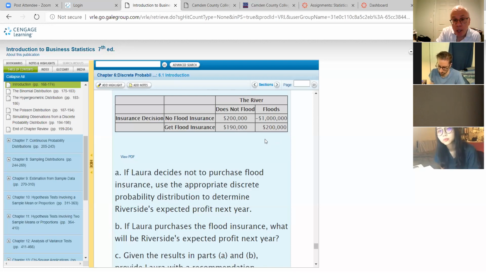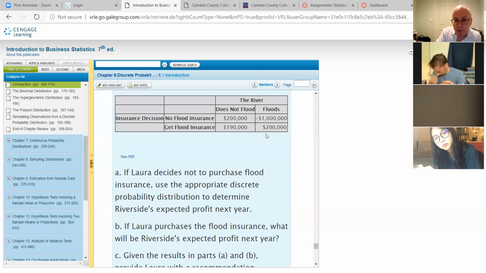It's 190,000 times 0.99, and 200,000 times 0.01. Now, if you figure out that expected value, is it higher or lower than the expected value without flood insurance? It's higher. And then you say, all right, over the long term, you're going to make more money.